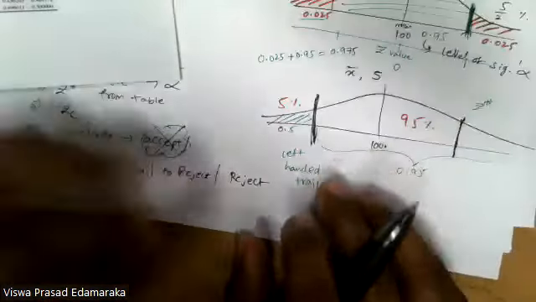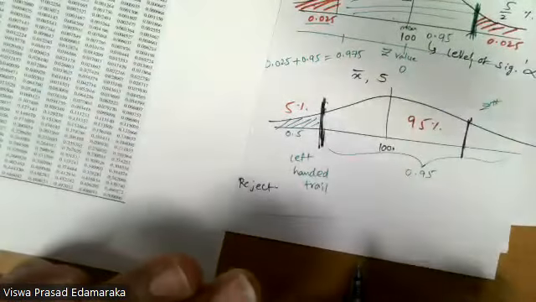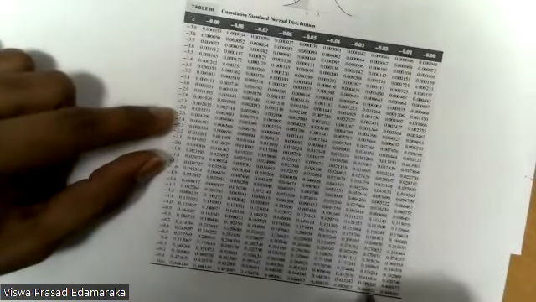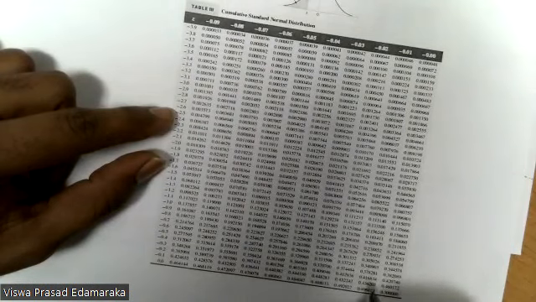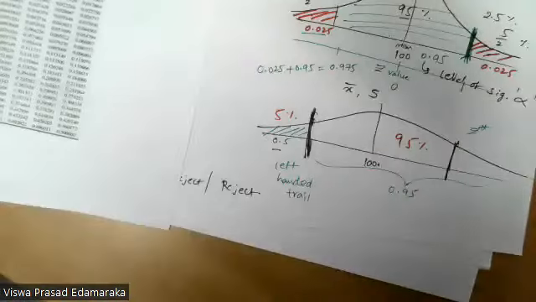In the negative table, the values lie in the left part. For example, 0.05. You should check where 0.05 is.